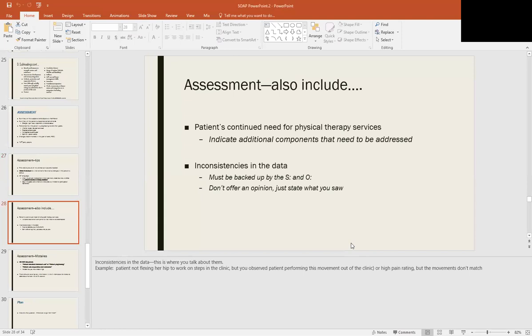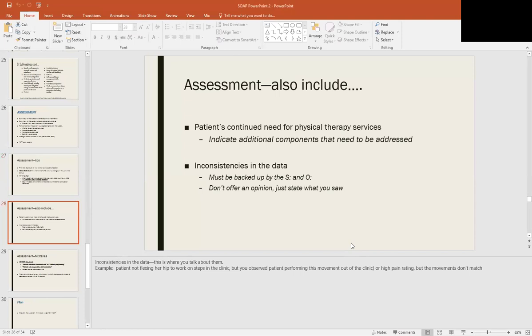Then you wanted them to bend forward for an exercise, and they said they couldn't because of the amount of pain, but you just saw them do that getting out of their car. You are not going to say in your note, the patient is malingering.